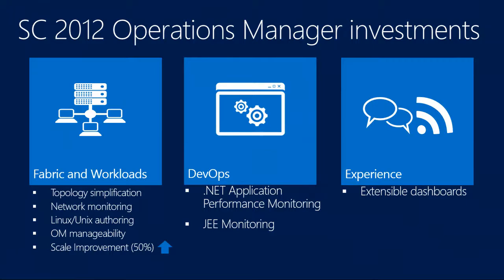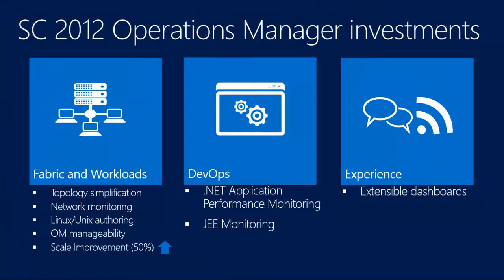So in System Center 2012, how we did those three things, we started with the topology simplification. When it came to setting up and deploying your Operations Manager infrastructure, we wanted to make sure that that wasn't as big a hassle as it used to be.